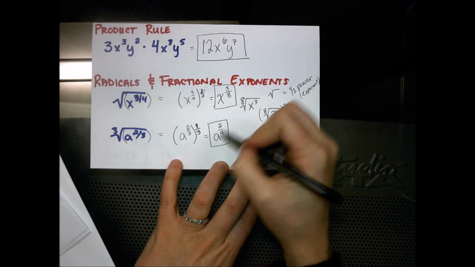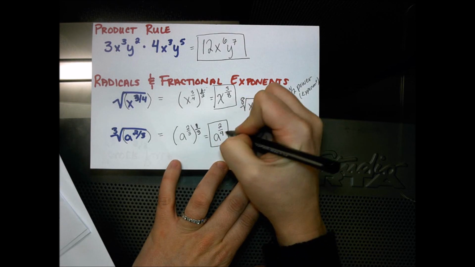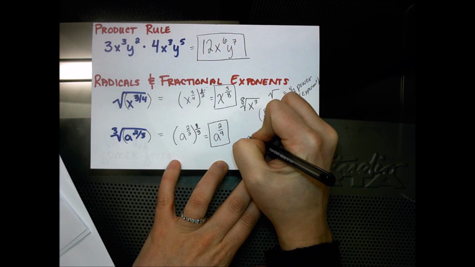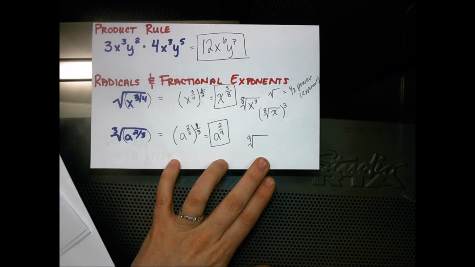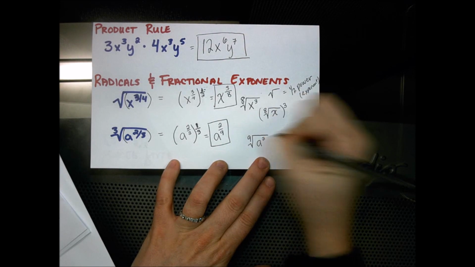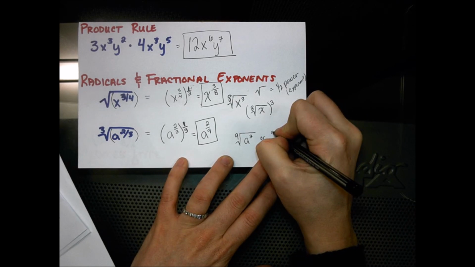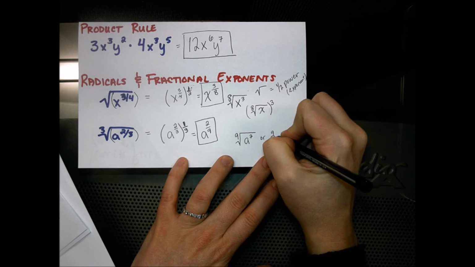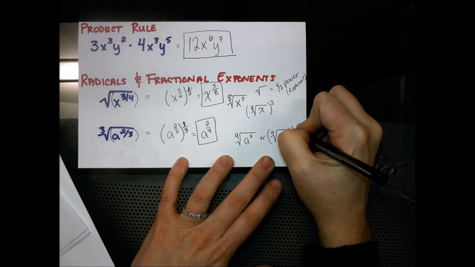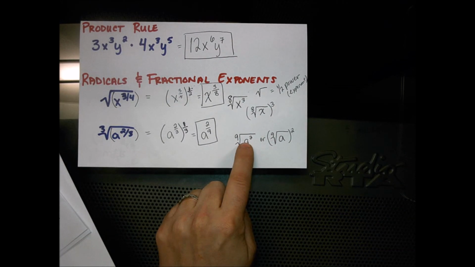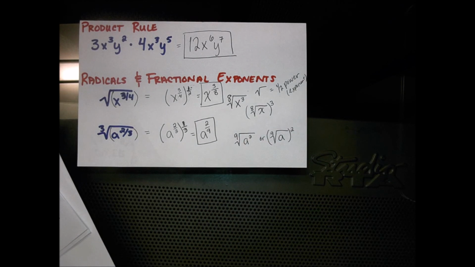And if you were asked to write it in radical form, I probably shouldn't use a 9 and an a together, but that's the 9th root of a squared, or the 9th root of a, then squared. Either way is fine. This just means you can square it before you take the root or after you take the root.